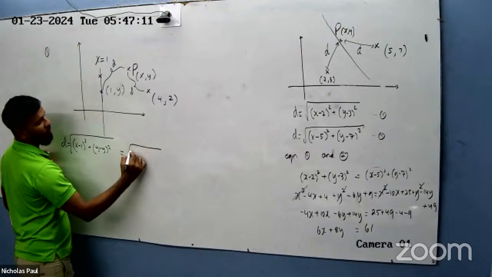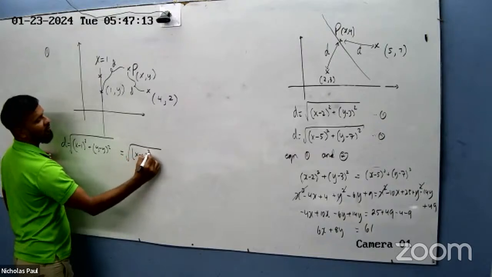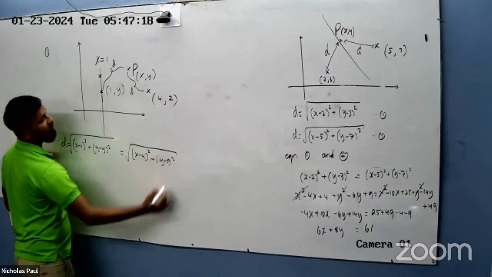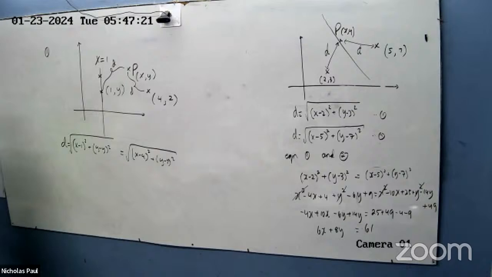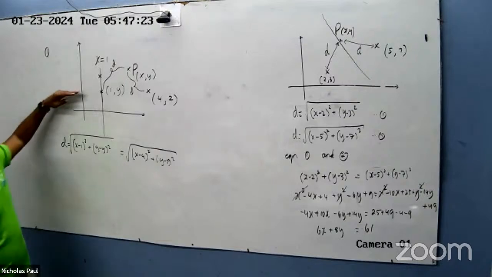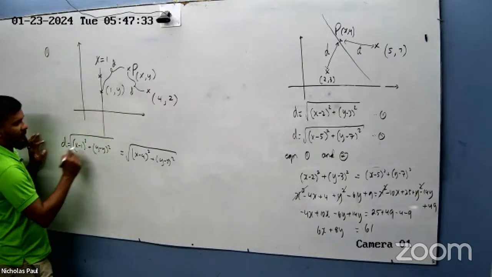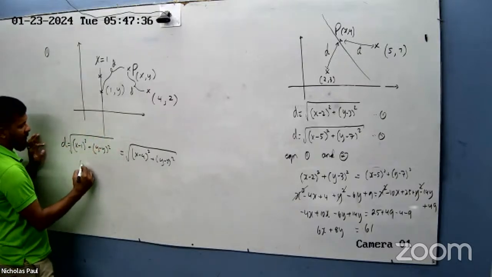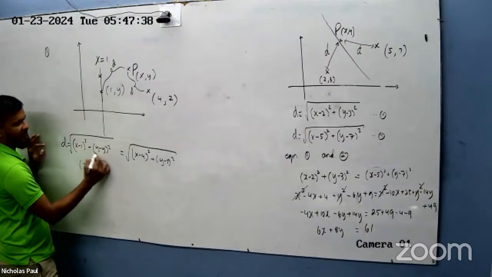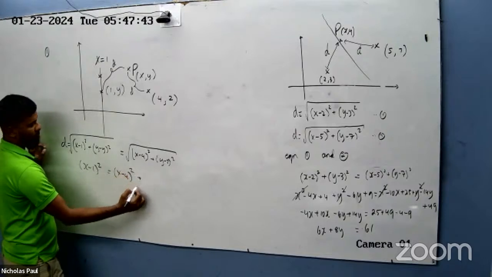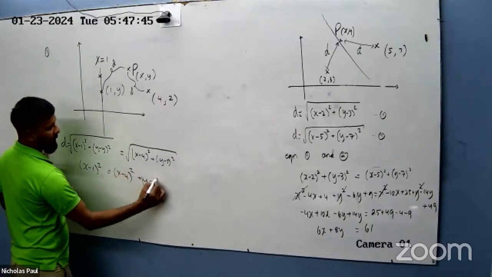That's the square root of x minus 4 squared plus y minus 2 squared. Square both sides, and you'll get x minus 1 squared plus 0 is equal to x minus 4 squared plus y minus 2 squared.